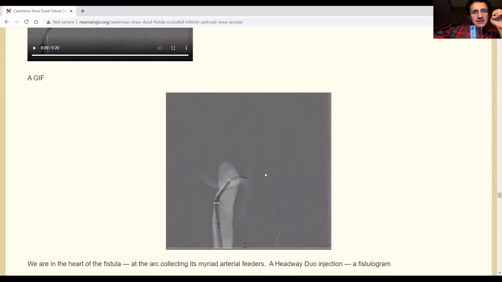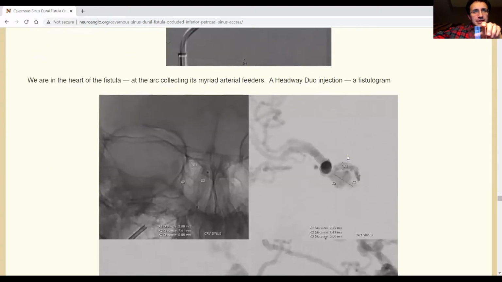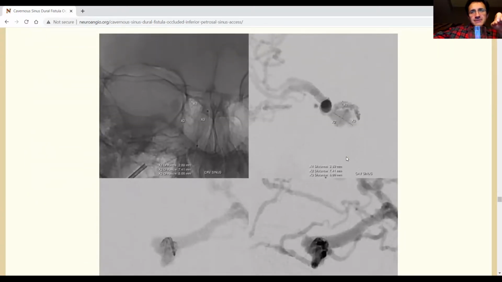There's a GIF, so we'll skip over that. And so here we are. Now the catheter is really in the fistula. It's directly in the heart of our fistula. Okay, so we're basically in this channel, and so this is what we need to do.